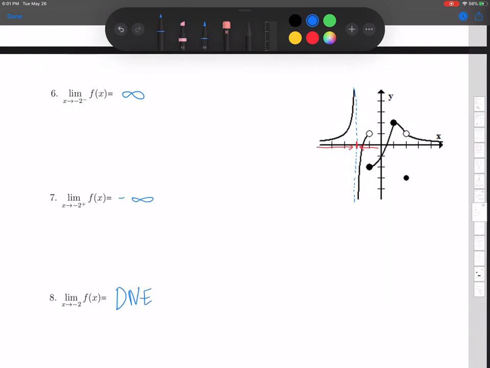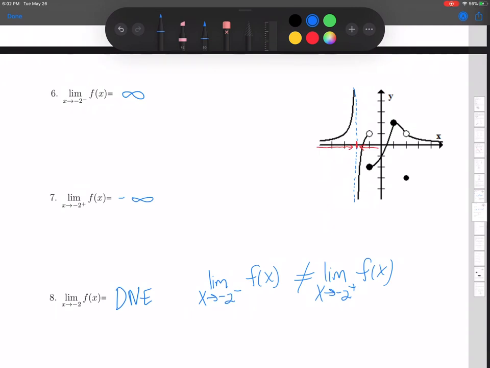Well, remember, the left-hand side limit has to be equal to the right-hand side limit. So the limit as x approaches negative 2 from the left of f of x does not equal the limit as x approaches negative 2 from the right. So because they're not equal, we would say that the general limit doesn't exist.